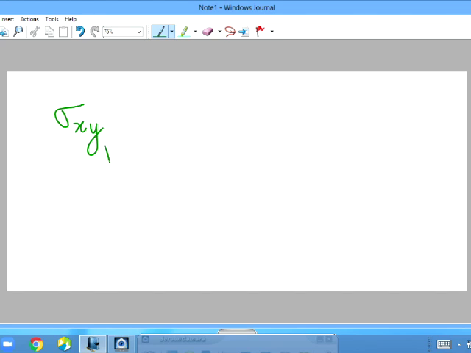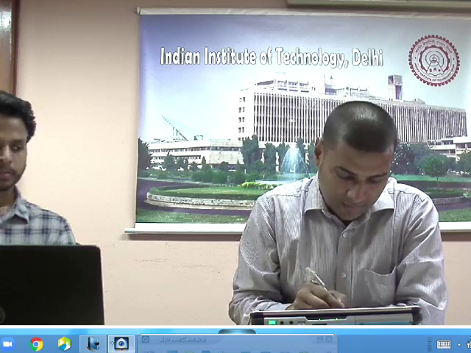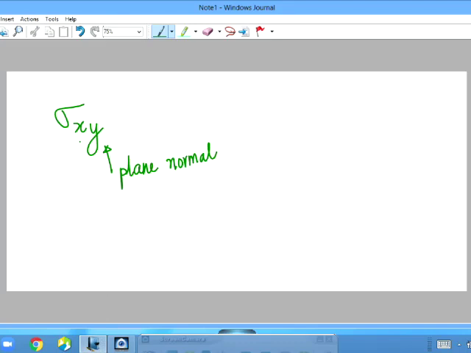Where we said that y denotes the plane normal, on what plane this component is acting, whereas x denotes the direction of traction component.